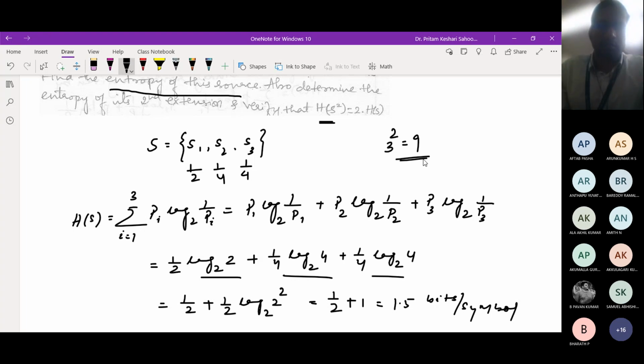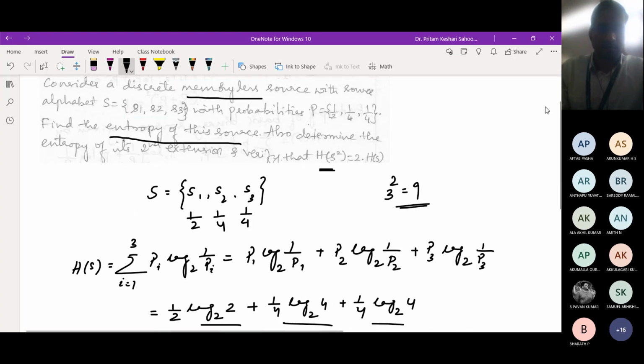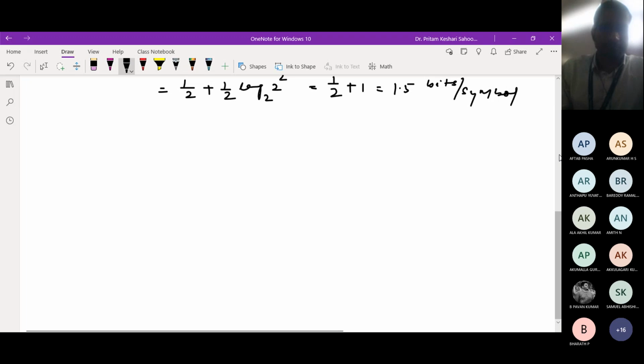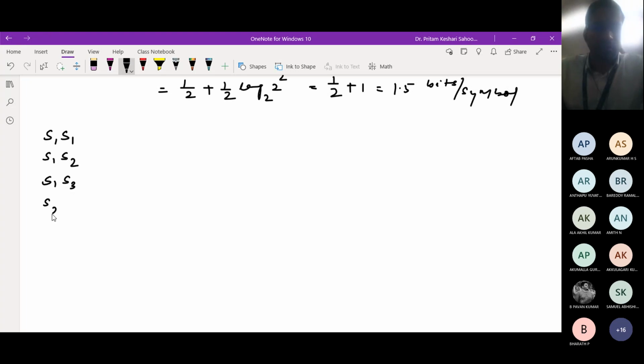All right. So how can we arrange those 9 symbols? We can arrange them like this: S1 S1, S1 S2, S1 S3, then S2 S1, S2 S2, S2 S3, then S3 S1, S3 S2, and S3 S3.